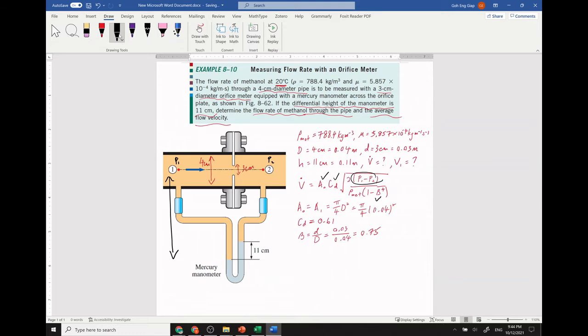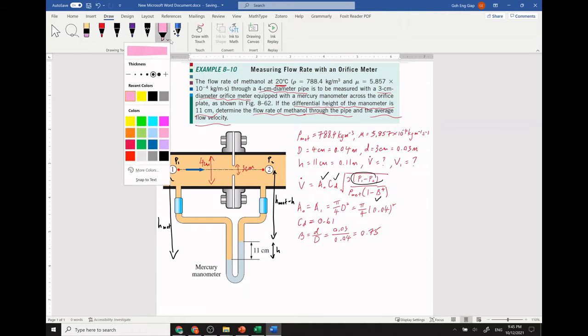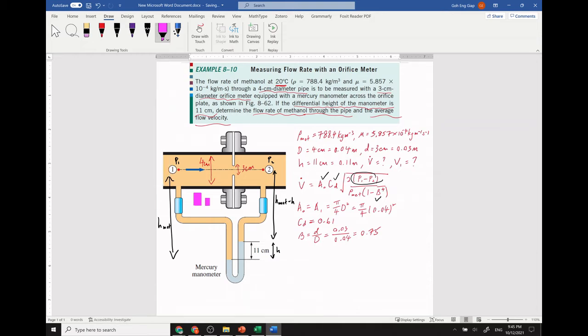We assume this as H methanol, and this is the height H. Then this height should be H methanol minus H. To find the pressure difference, we need to come up with an equation.